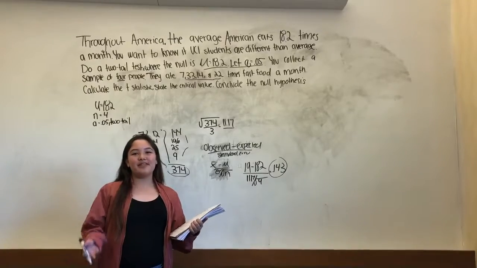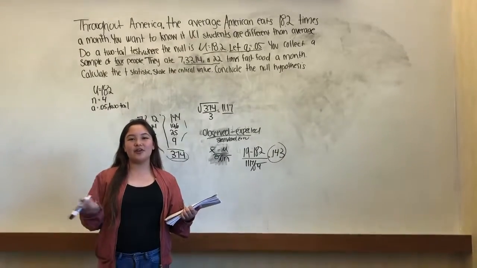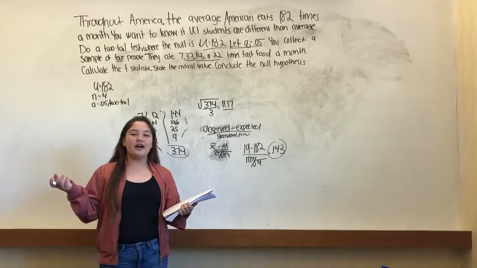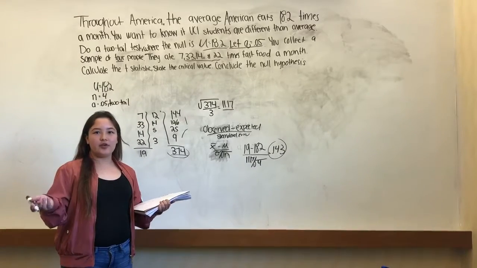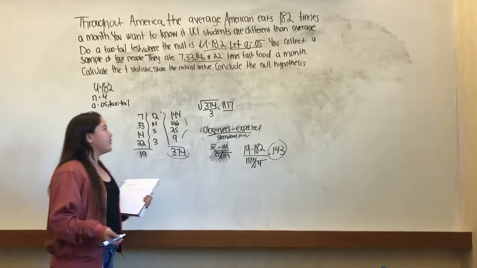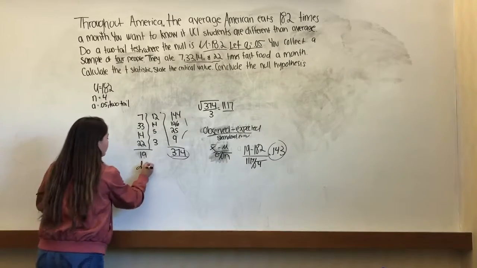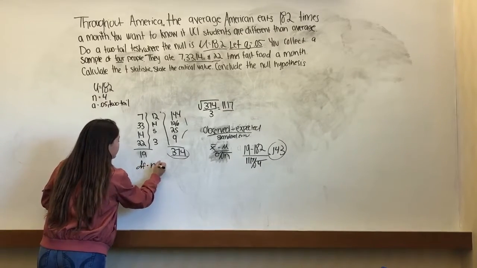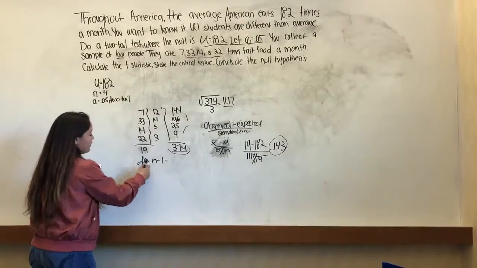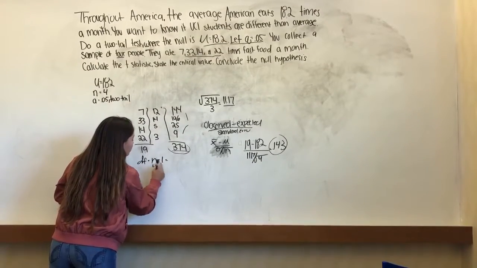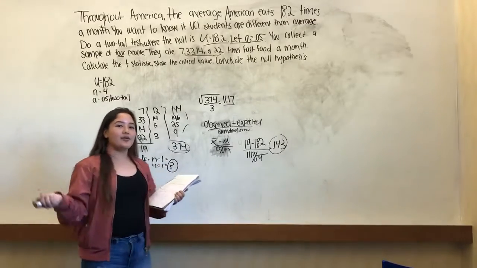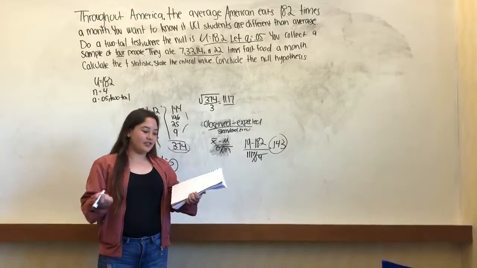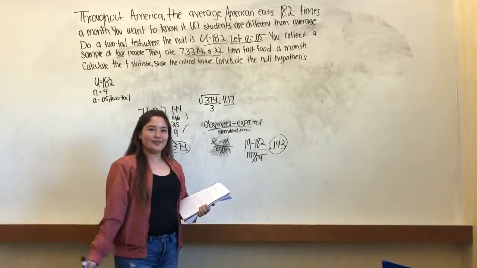So the fifth step is finding the critical value, and for the critical value we will use a t-chart. But first, in order to find the critical value, we need to know the degrees of freedom, and the degrees of freedom is n minus 1. N is the sample size, so 4 minus 1 is 3. So I will show you how to use a t-chart to find the critical value.